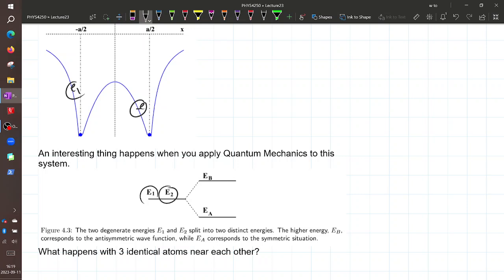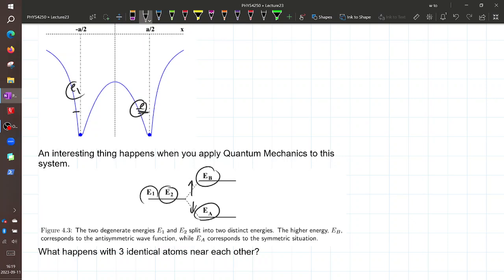And these electrons will start to split into a different energy state, so that each of the electrons has a preferred lower energy state called EA, as opposed to whatever this was. Okay, and then there's a high energy electron.